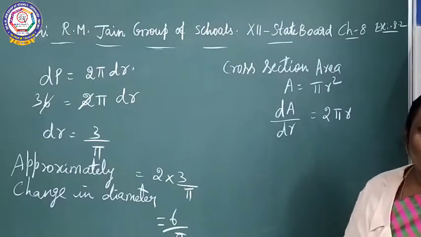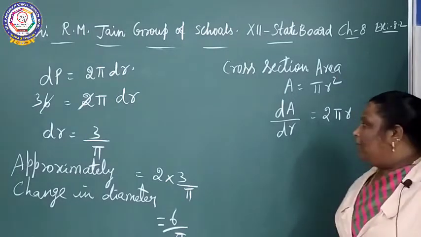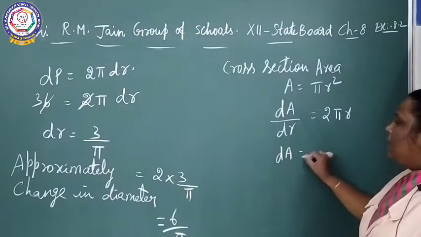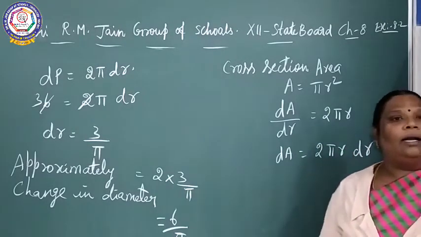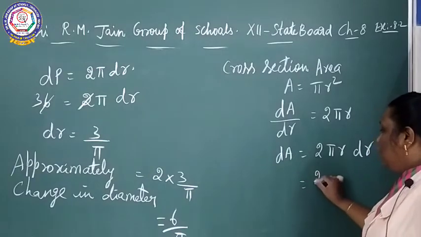It is n into x power n minus 1. So dA equal to 2 pi r into dr.